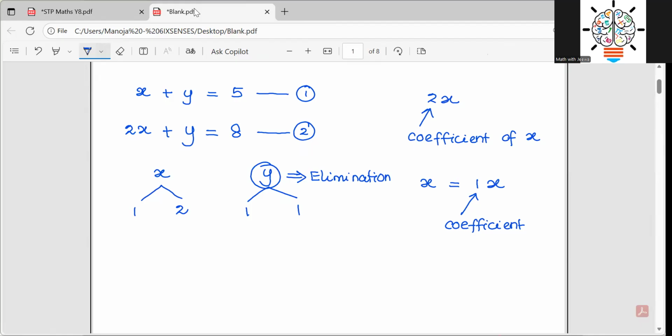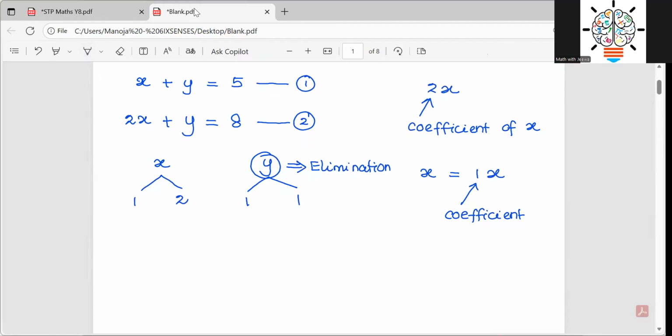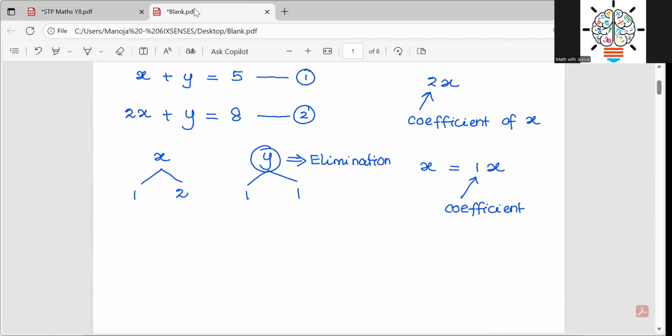Still you can't understand, I know. Don't worry about it, okay? You can pause the video and you can copy down later, right? You know how you want to have your notes. I will just continue. Then we decided to eliminate y, right? And then we see what is the sign of the coefficient.